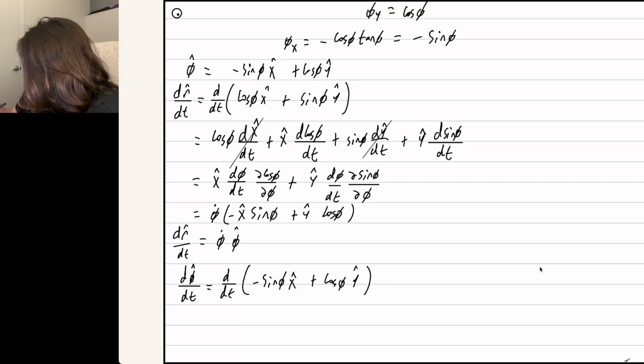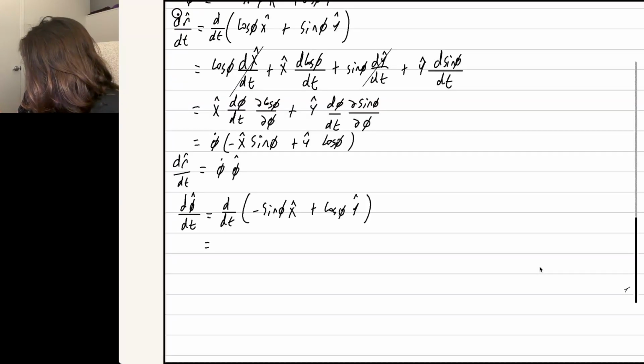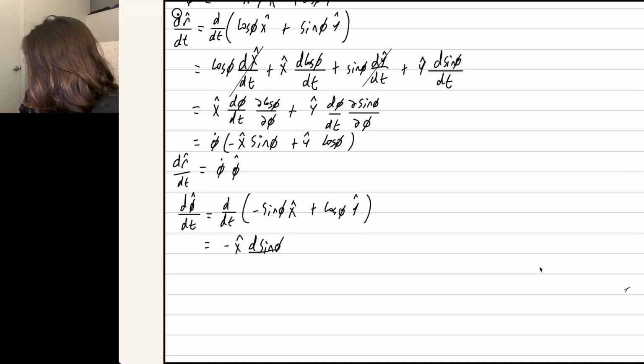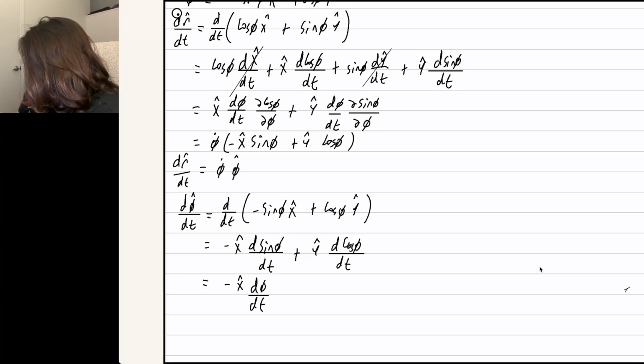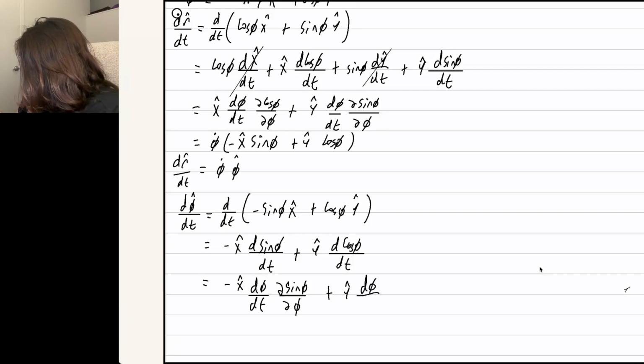Skipping the product rule stuff, just skipping straight to minus x hat d sine phi dt plus y hat d cosine phi dt, equals minus x hat d phi dt del sine phi del phi plus y hat d phi dt del cosine phi del phi.